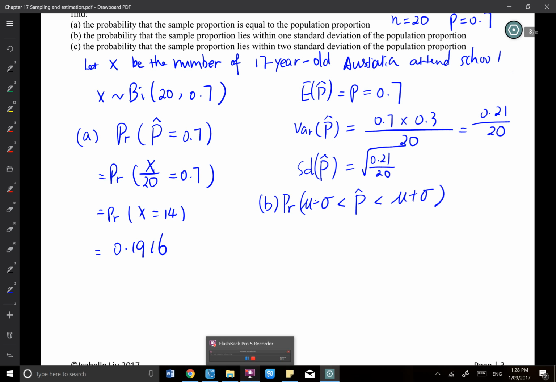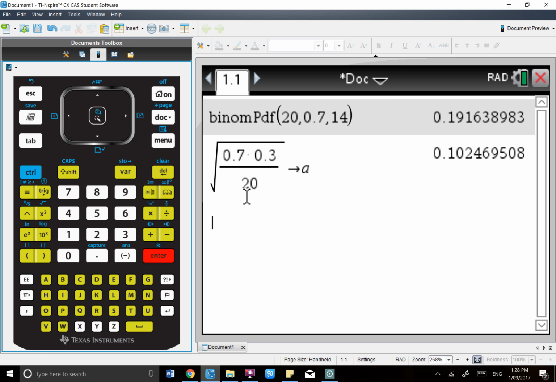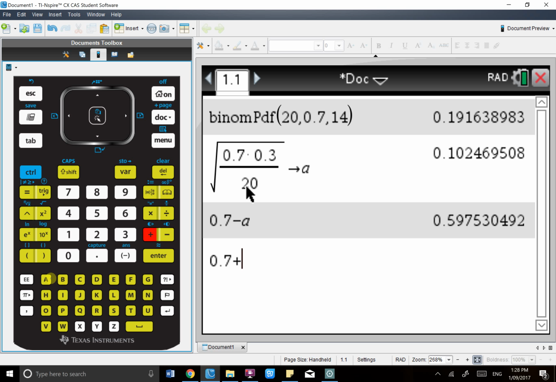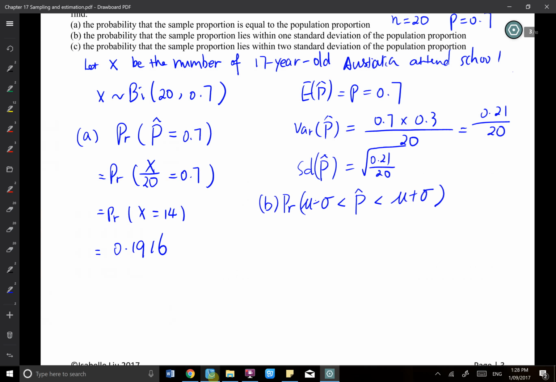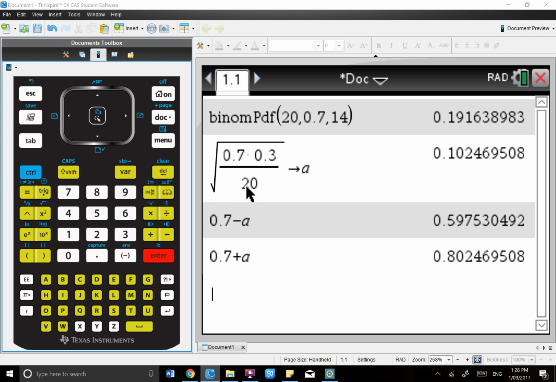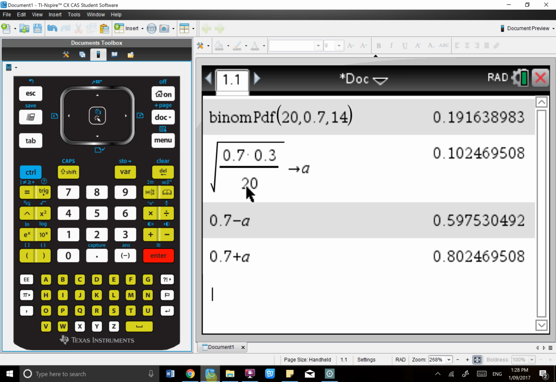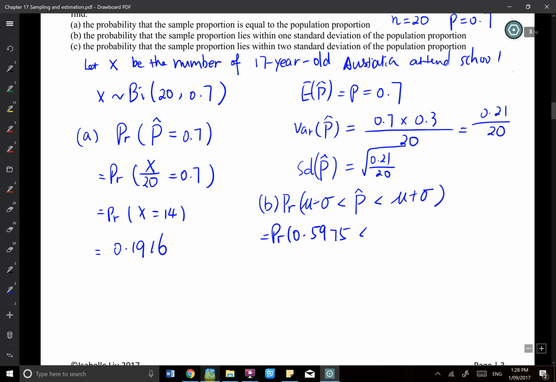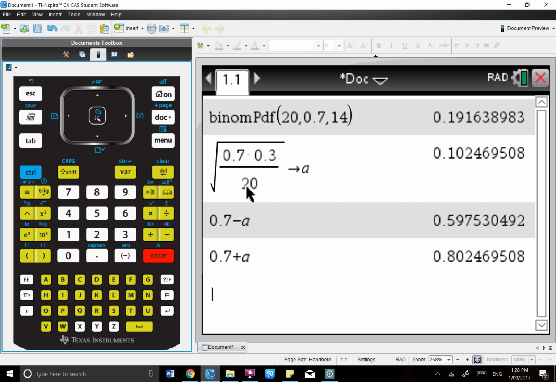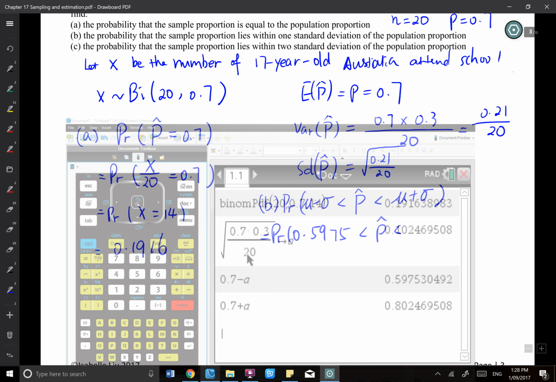So that is 0.7 minus A, minus 1 standard deviation, and 0.7 plus A. So it's about 0.5975 less than p hat less than 0.825.